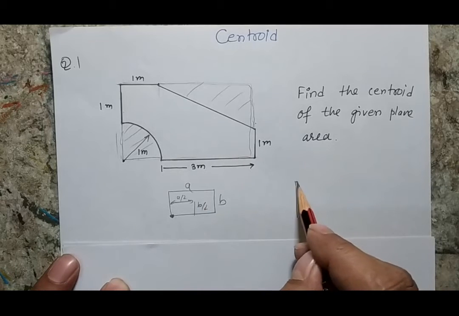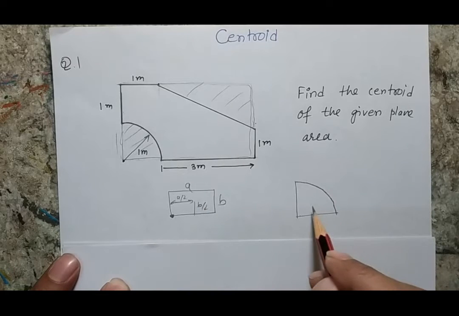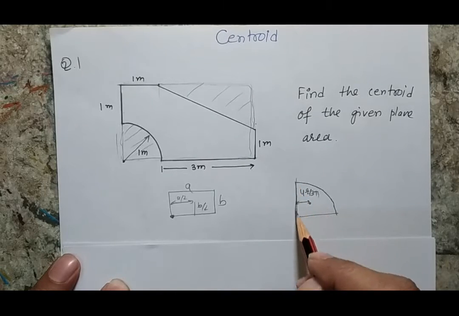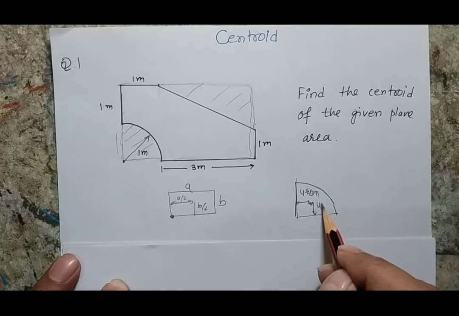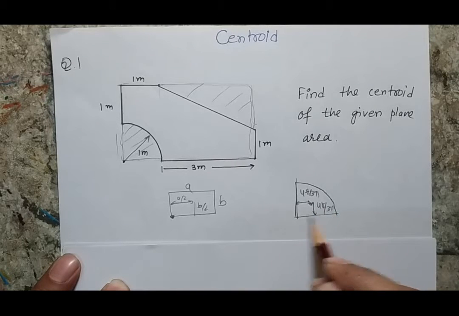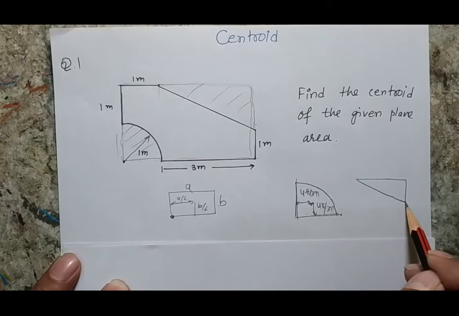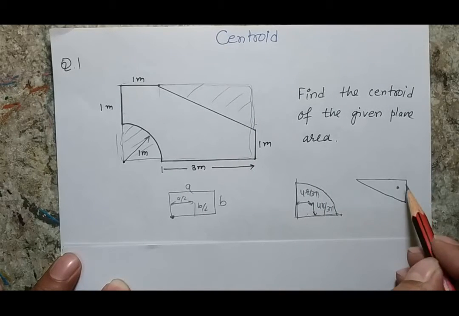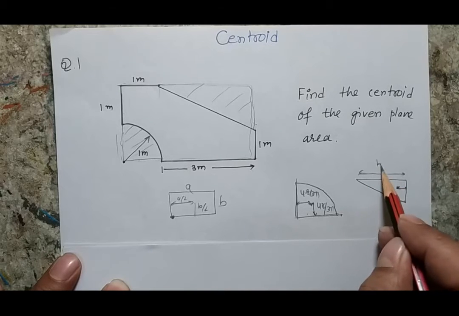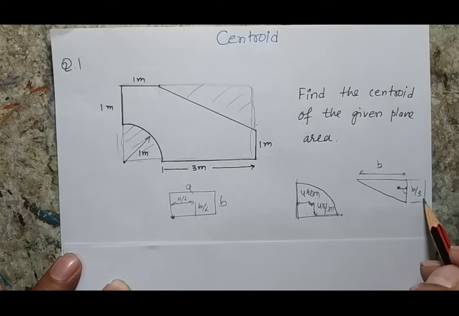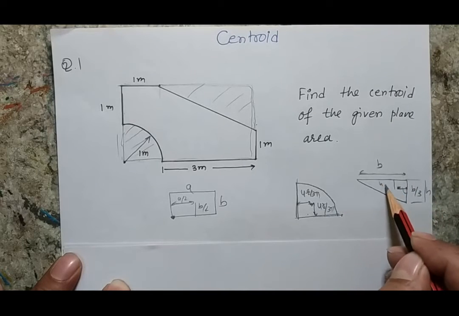Similarly, in case of a semicircular body, the centroid lies here, and the distance is 4r by 3 pi from this side, as well as 4r by 3 pi from the base. Similarly, for a triangle, the centroid lies here, where this distance is 1/3 of this distance. Suppose this is B, so it will be B by 3. Suppose this is H, then this distance will be H by 3.